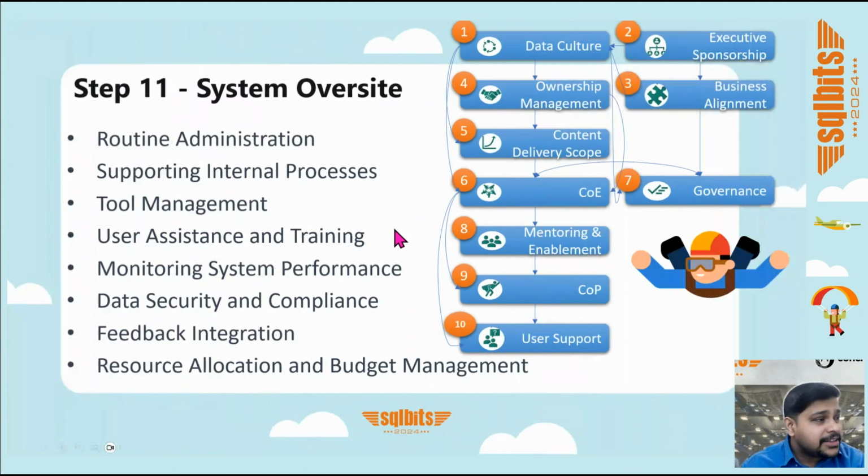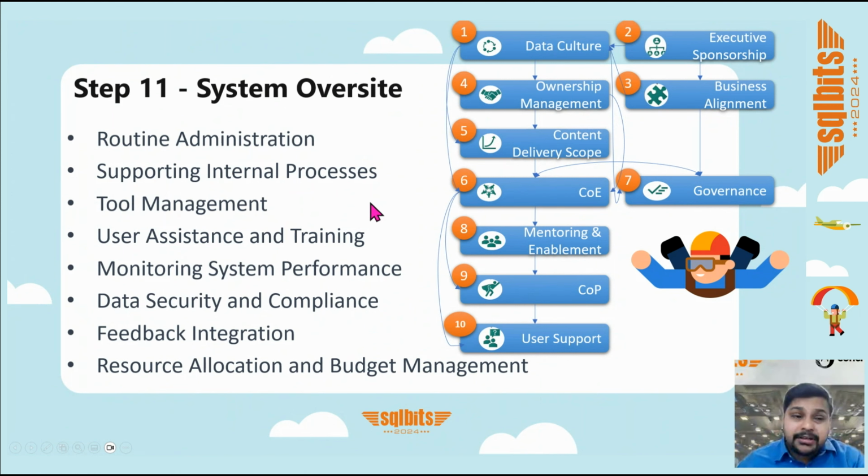Now the 11th is system oversight. I see system oversight as the main Fabric administration and fostering all the things together. Here you are doing your routine administration, supporting your internal processes, tools management, and most important, monitoring the system performance.